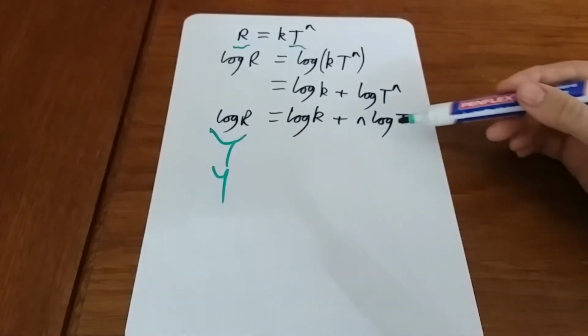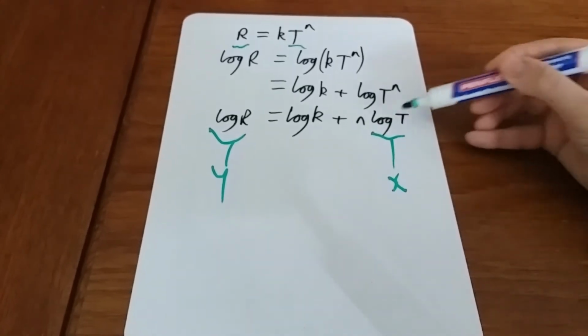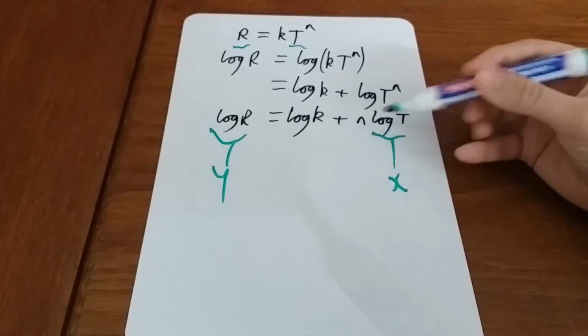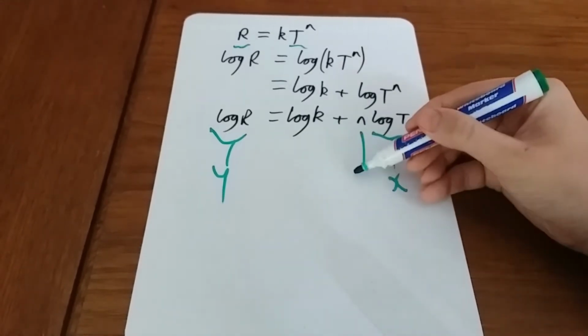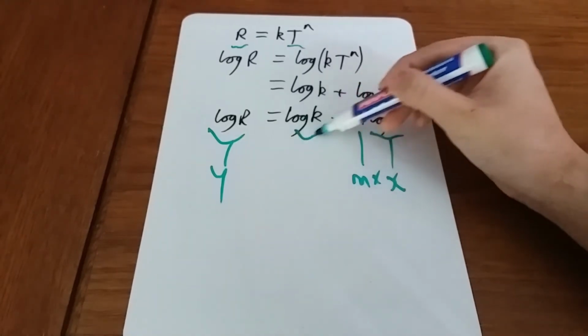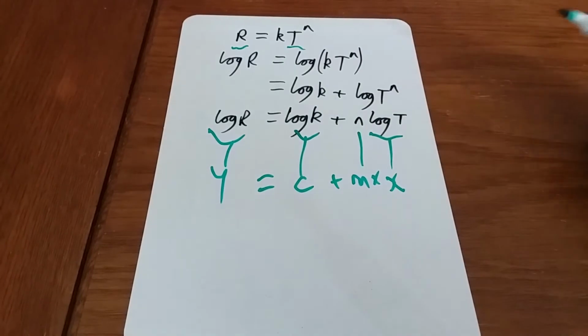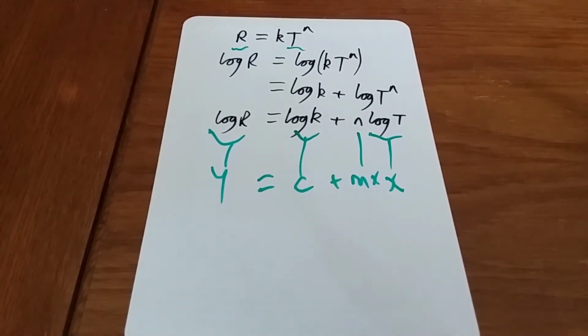The equivalent of the x is this bit here. It's the other variable. M is the thing that we multiply by the x, so that's, in this case, n, and then c is the constant that we add on. So we have something which is in the form y equals mx plus c.